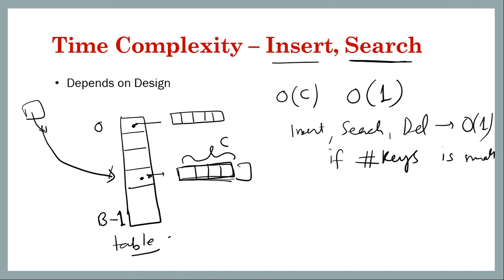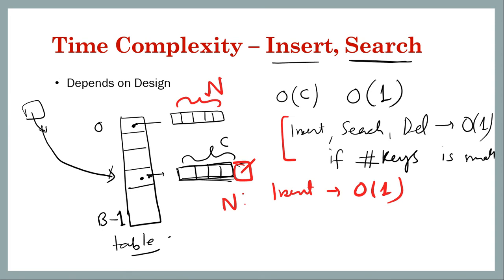But what happens if the number of keys is large? So if it's some value, let's say n, where n is not a small constant, then again insertion you can do at the end. So insert will be O of 1.